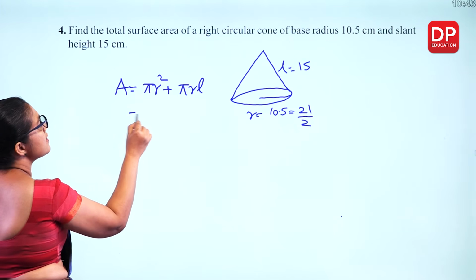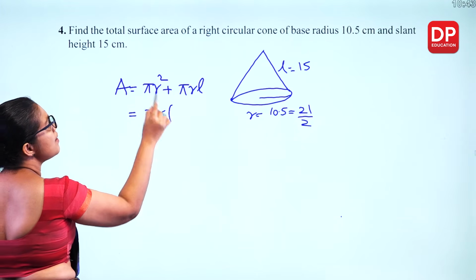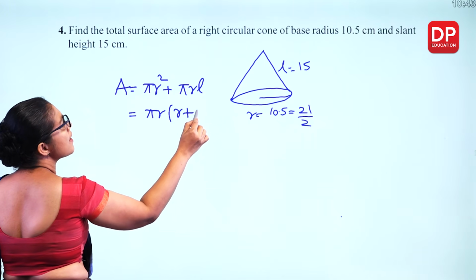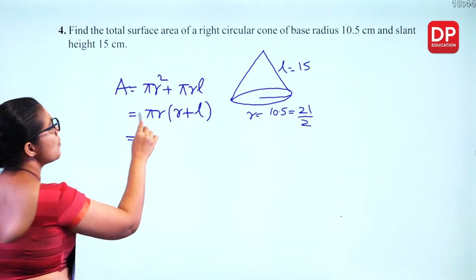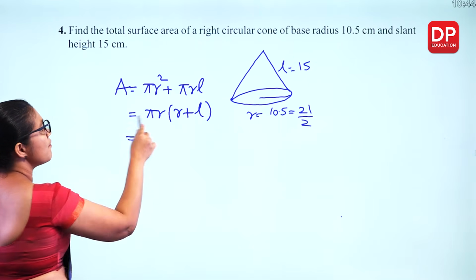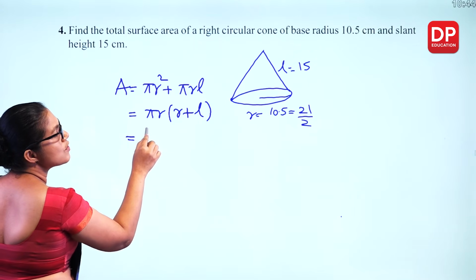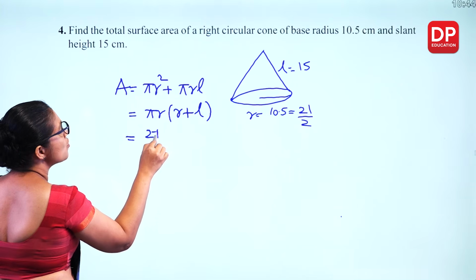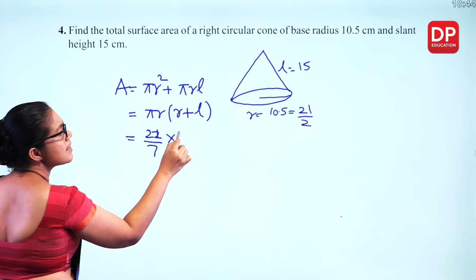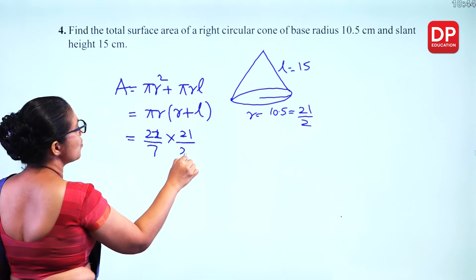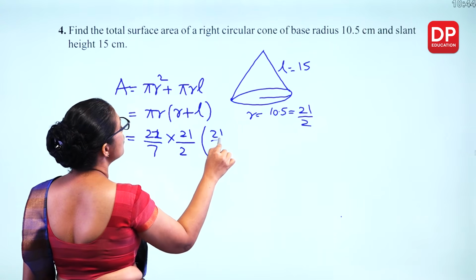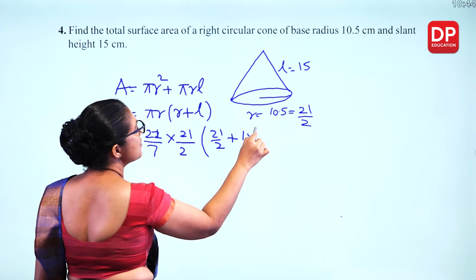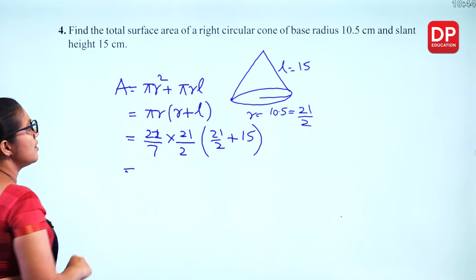So here I'll take pi r out and take R plus L. It's easier to use this way, then you can simplify easily. Pi is 22/7, R is 21/2. Then R is again 21/2 plus L is 15. So we'll do the calculation.